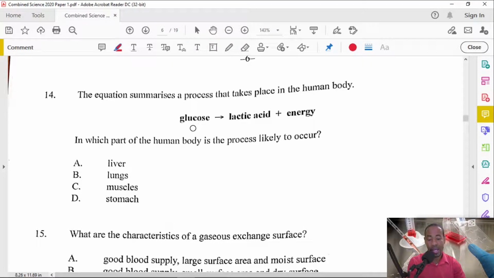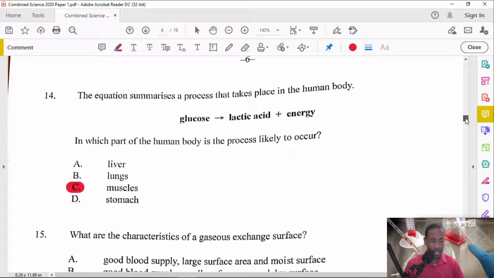All right, and this only takes place when you have low oxygen or when a person is undergoing strenuous exercise. And so it said, in which part of the human body is the process likely to occur? And this will be in the muscles. So number 14 is C. All right, so let's go to number 15.